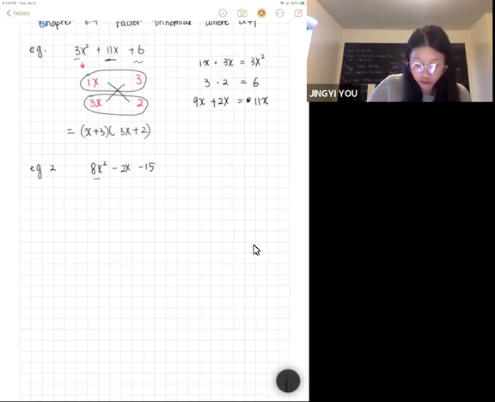I want two numbers that multiply together to get 8x squared, so 2x and 4x. And then I want another two numbers that multiply to get negative 15. So either negative 5 and positive 3, which multiply together to equal negative 15. Okay?